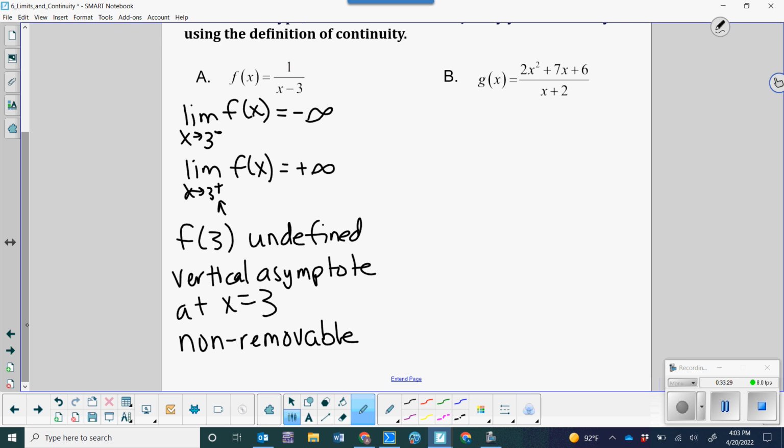Now for g of x, I'm going to need to factor this in order to figure this out. It will make it easier. So remember again, if you are not good at factoring, you need to become good at factoring because we use it a lot. So I need factors of 12 that add to 7. So that's going to be 3 times 4.